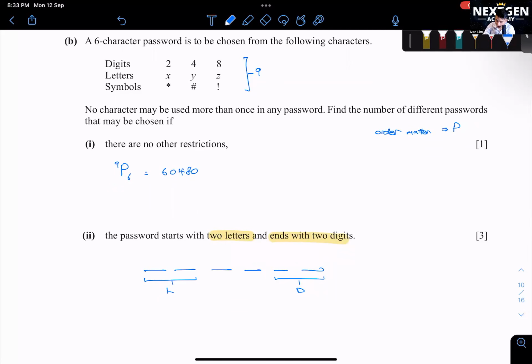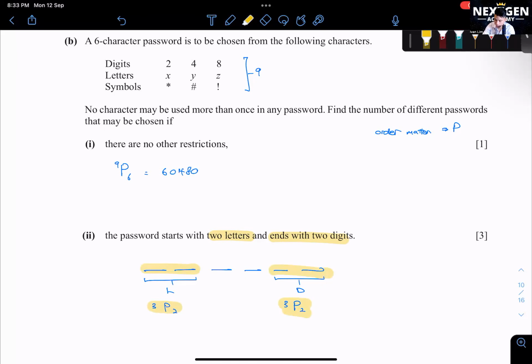Over here, this one will be 3P2. Out of the 3 letters, I permute 2, because order matters. Then the last one is 3P2 also.